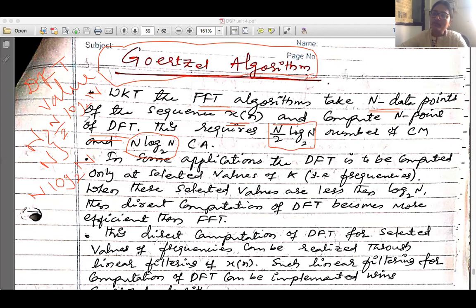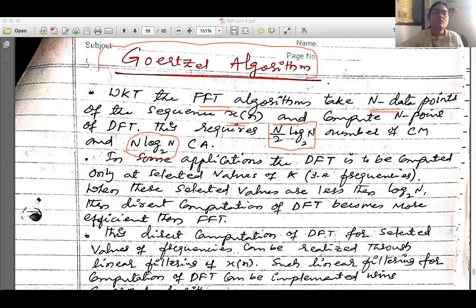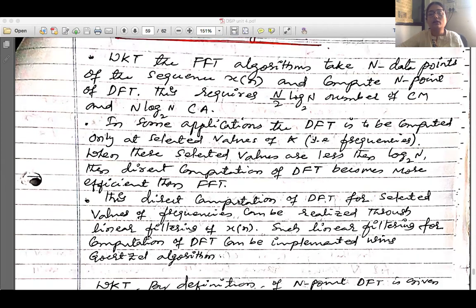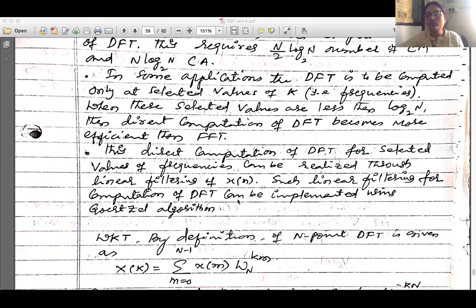But now we will talk about why to study the Goertzel algorithm. If we have such an efficient, fast algorithm which calculates the DFT values, why then should we use the Goertzel algorithm?